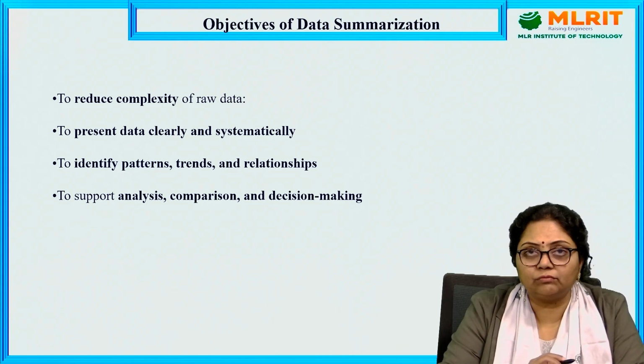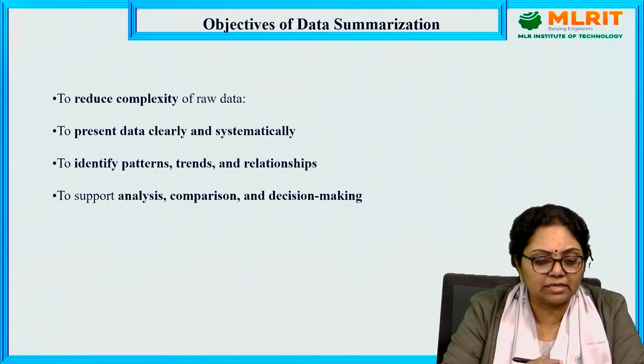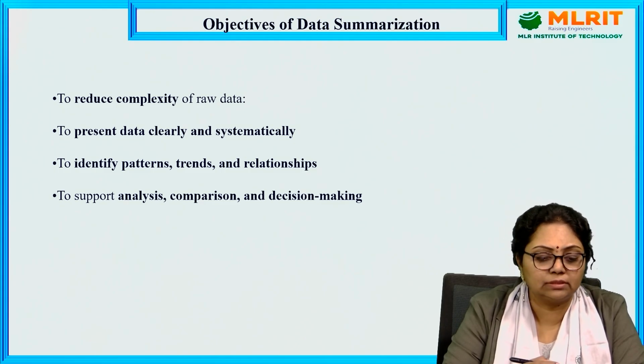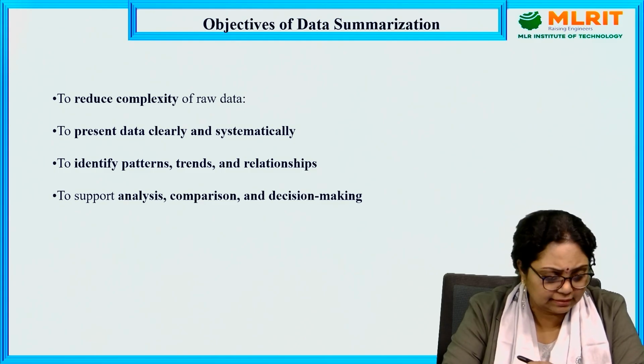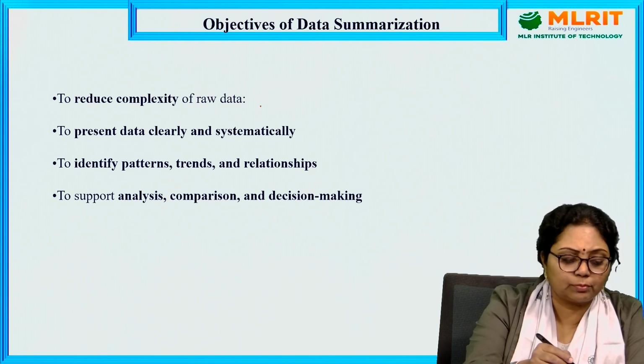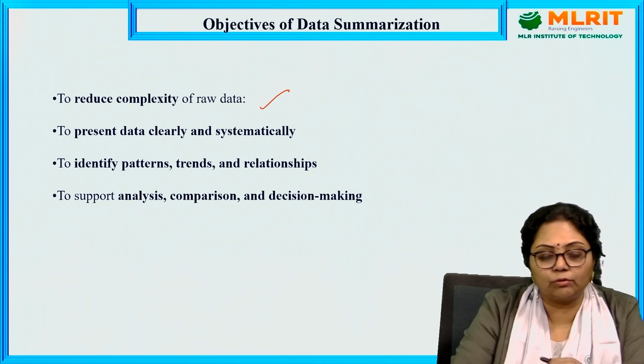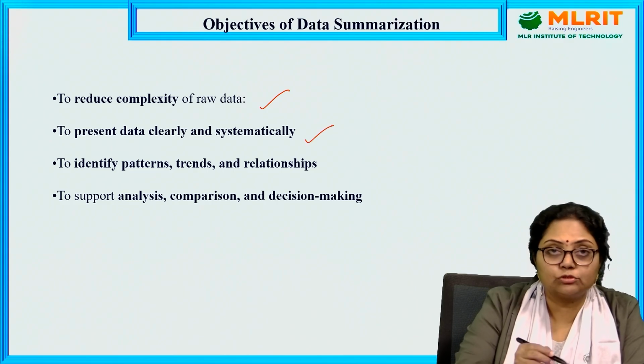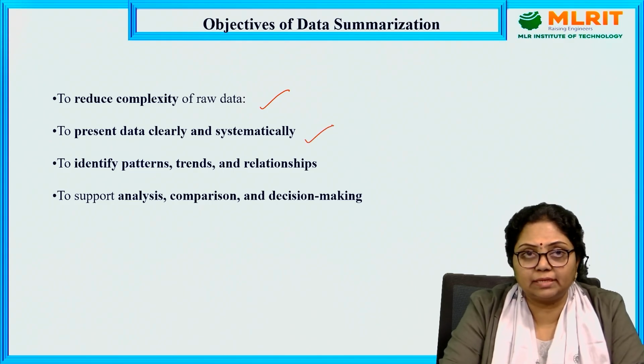Now, once we are clear with this concept, let us move ahead with the objectives of data summarization. What are the underlying reasons for summarizing data? The first and foremost point is to reduce the complexity of the data. The second is to present data clearly and systematically.